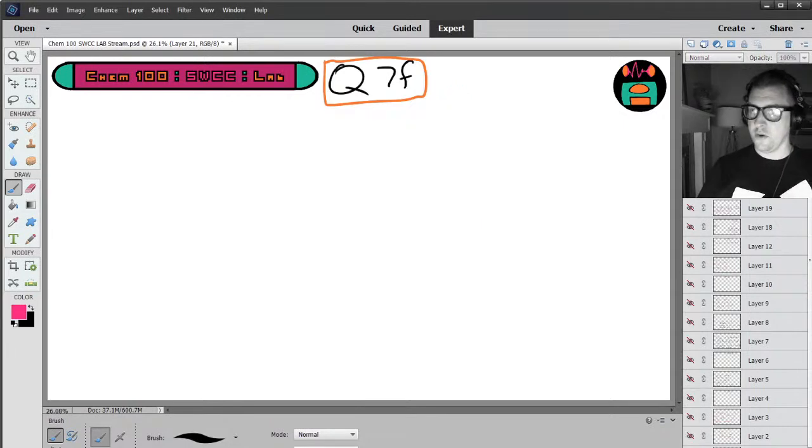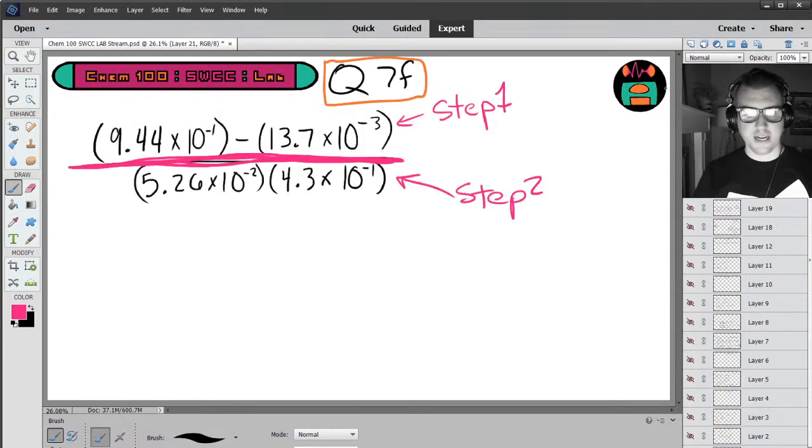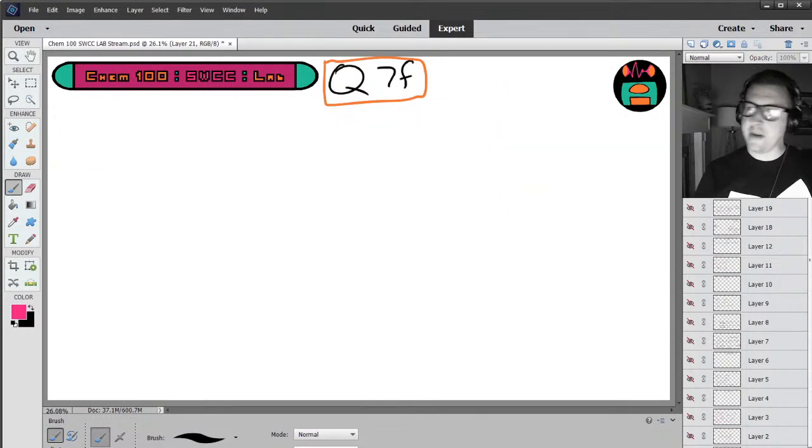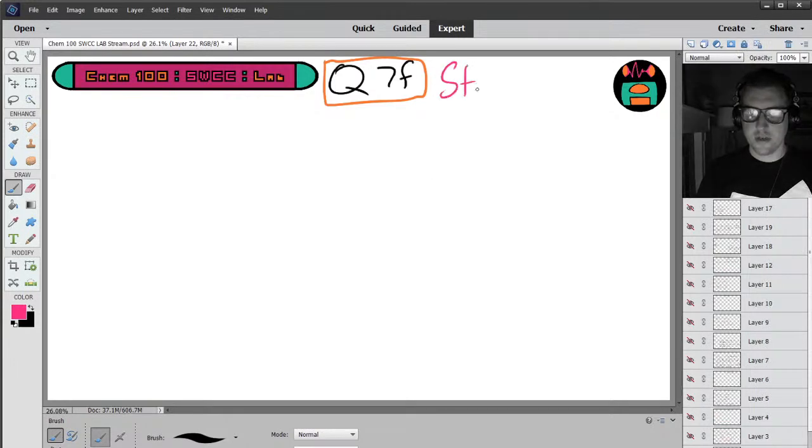So let's start. Whoa, sorry, I didn't mean to blank everything out. Or maybe I did. Let's go ahead and start with step 1. All right. So going for our numerator.